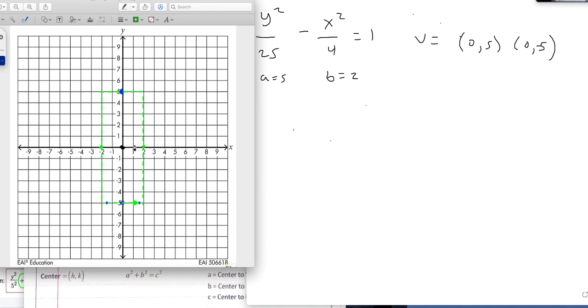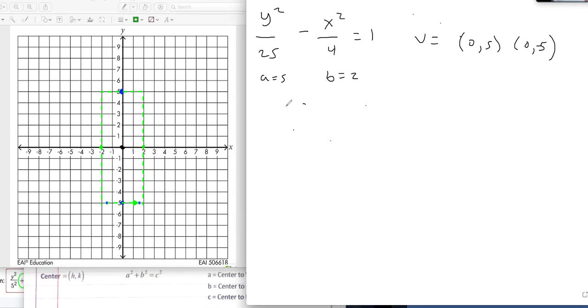So once I have the a and the b, I can come back over here and find c. So a squared plus b squared for a hyperbola equals c squared, and so that's going to be 5 squared and 4 squared, and that would be 29 equals c squared, or square root 29 would equal c.